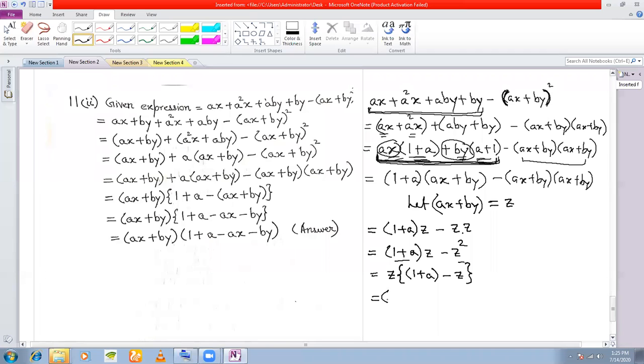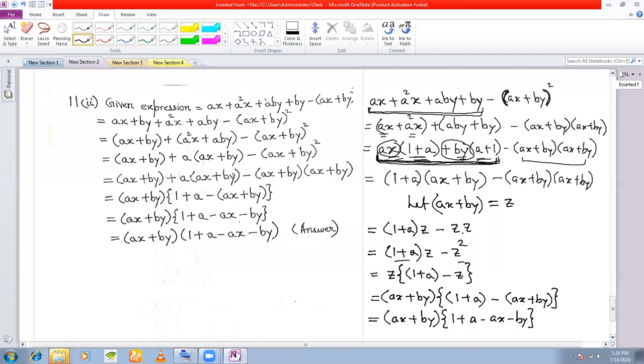Okay, now put back the value of z, ax plus by: 1 plus a minus ax plus by. Now you understood. Yes, sir. So now you open the brackets. Okay.